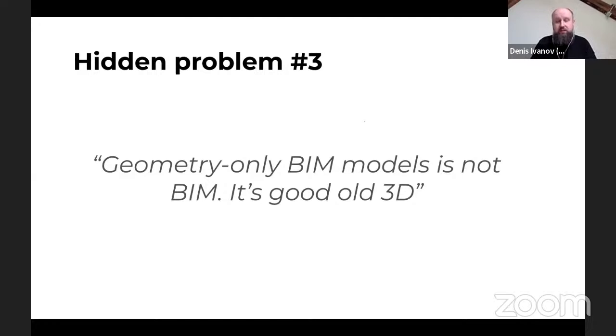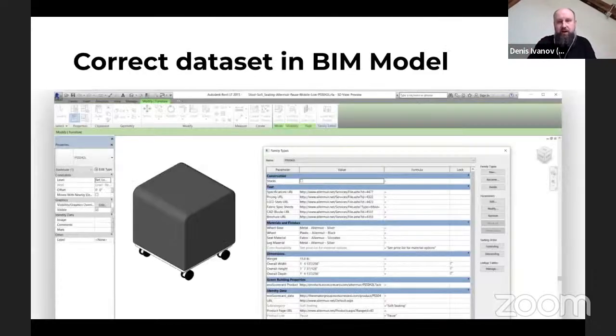It's just all 3D. So every time someone approaches you talking about BIM integrations, the thing that you should check, which is really hidden, is to open those models, open those objects, and see inside the parameters of the object, is there any kind of data?